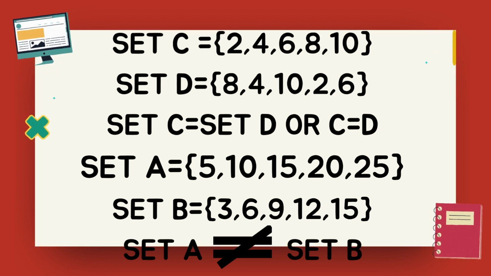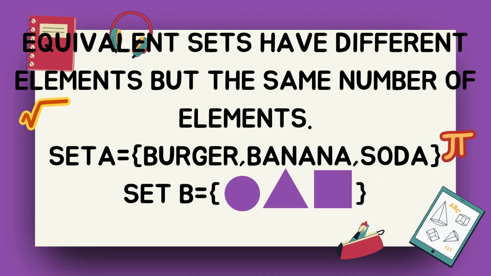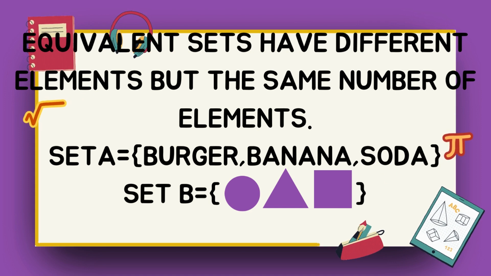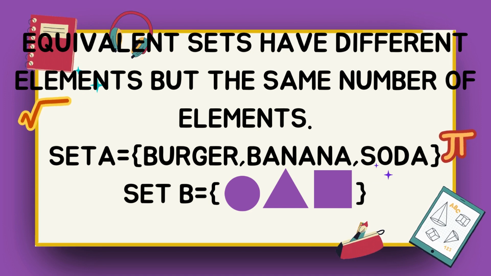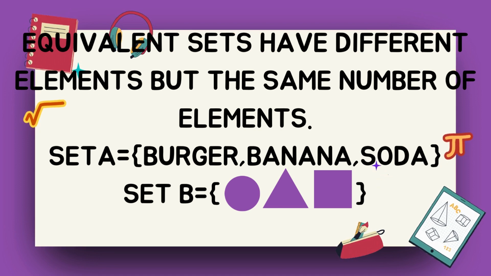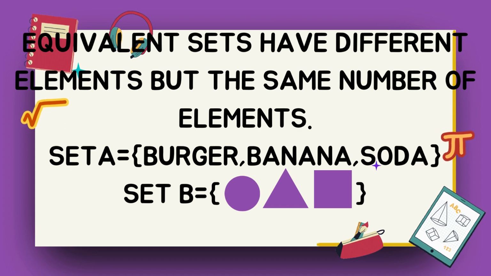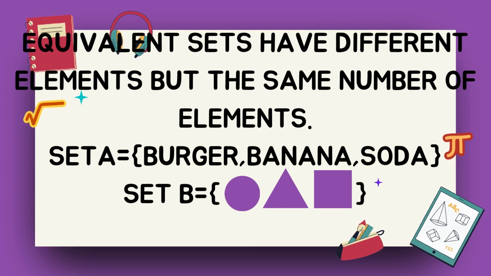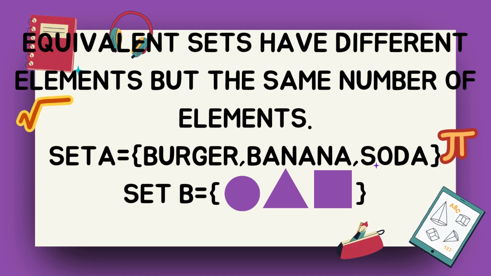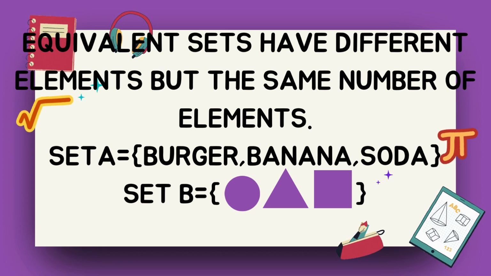Let's look at equivalent sets. Equivalent sets have different elements but have the same number of elements. Let's take a look at the example below. Set A equal burger, banana, soda, while set B equal circle, triangle, and square.